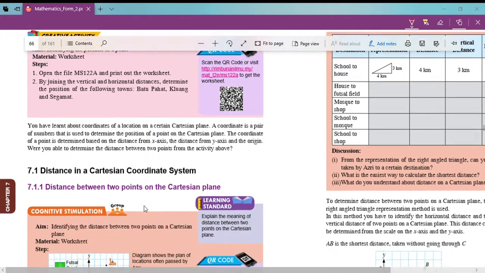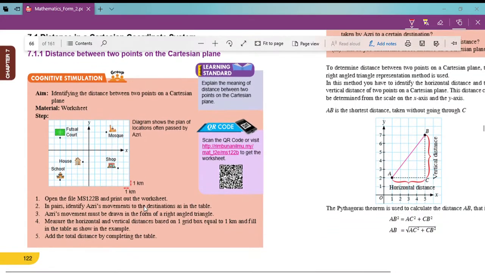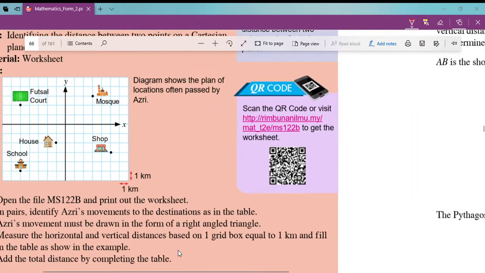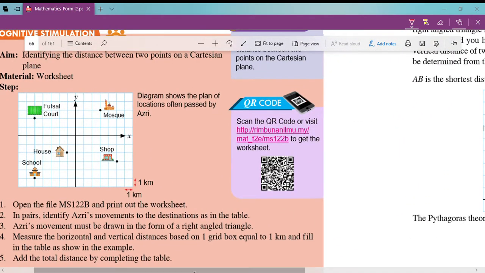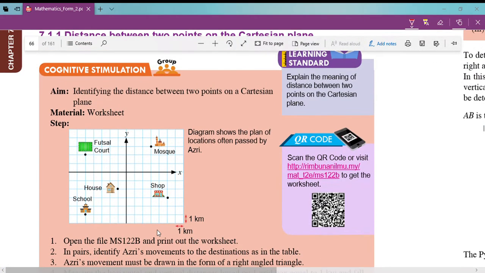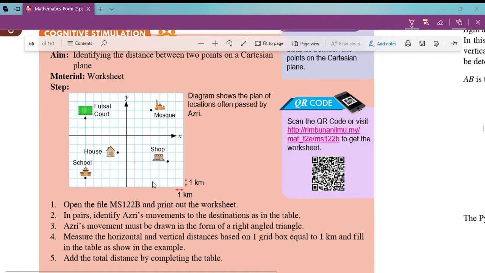Please look at page 122. Look at this diagram and answer the activities. These questions identify the distance between 2 points on a Cartesian plane. We have a diagram here, and this question asks you to complete the table.